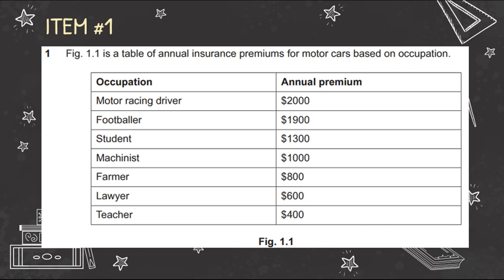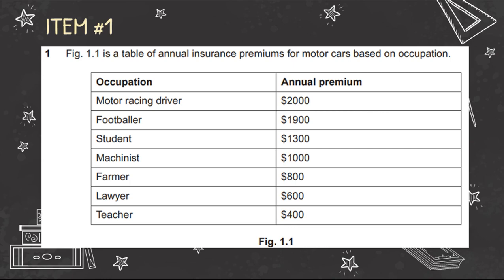So when we say annual, this is what we call yearly premium. And as you can see, the highest annual premium for the motor cars is, of course, if you're a motor racing driver. And if you're a teacher, then you only have a lower annual premium.